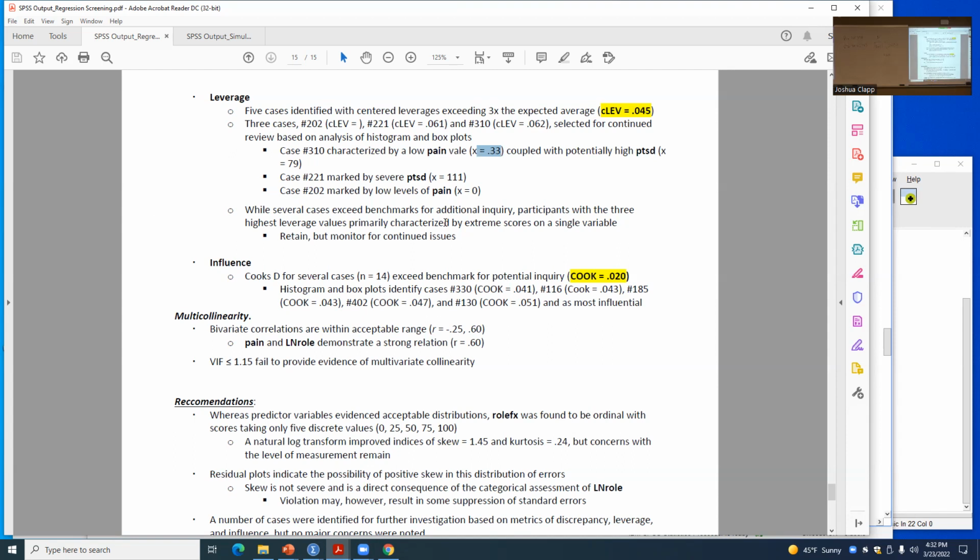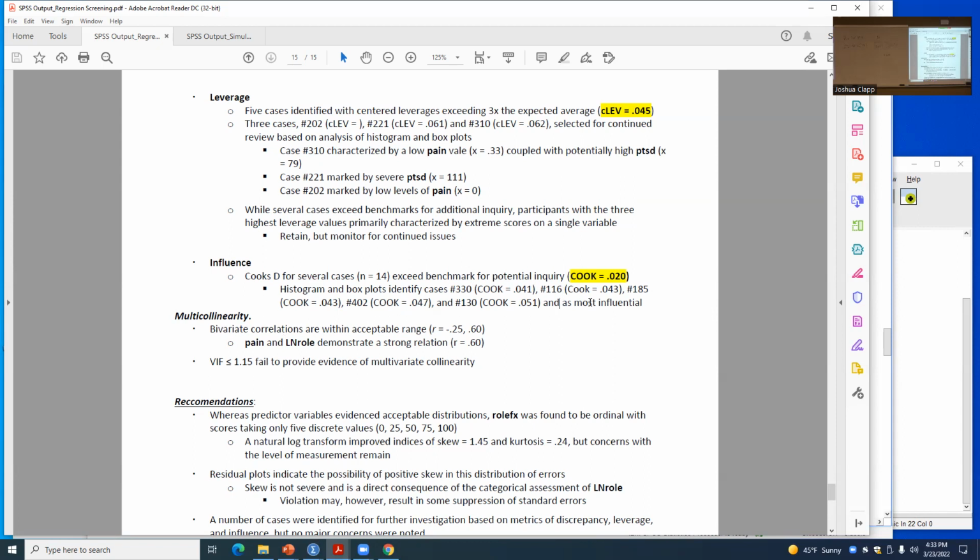Going down through, taking a look at our influence, several cases, 14 exceeded benchmarks, and then the histogram identifies 330, 116, 402, and 130 as most influential. We're not going to do anything necessarily with those folks. We're just identifying which ones are coming up here.